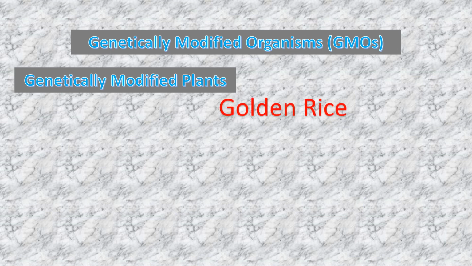Example, golden rice, the improved nutritional quality rice. The beta carotene gene is inserted. Beta carotene is required for the human body to synthesize vitamin A. So golden rice is created. Genetically modified rice can produce beta carotene that can prevent vitamin A deficiency.